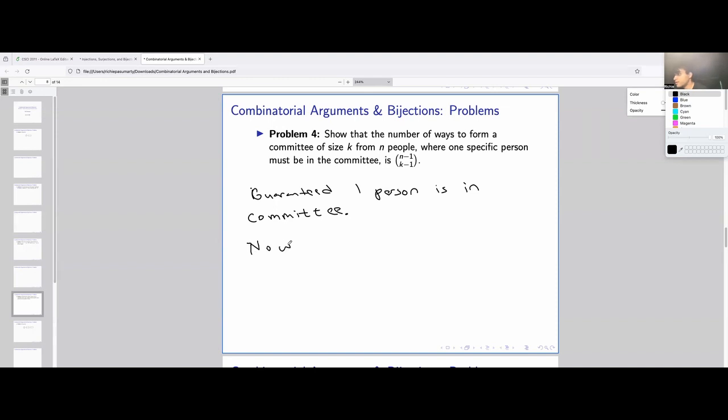Okay, now I need to choose the other k minus 1 people from the remaining n minus 1 people, from my remaining choices of n minus 1 people.